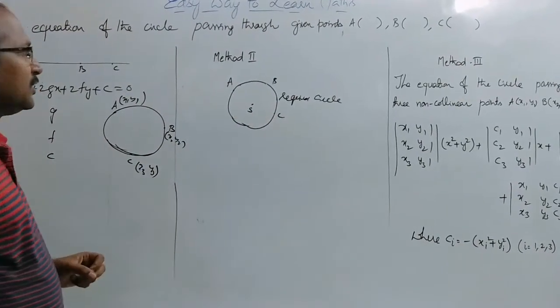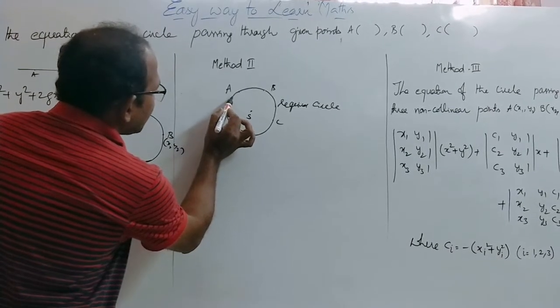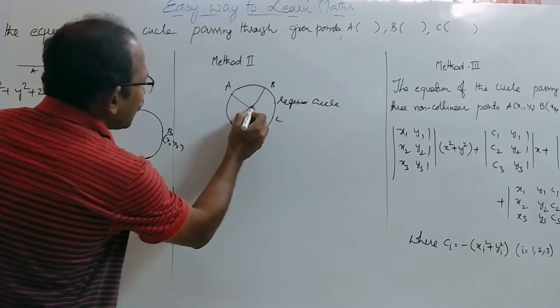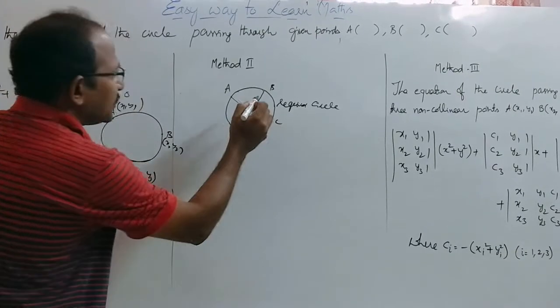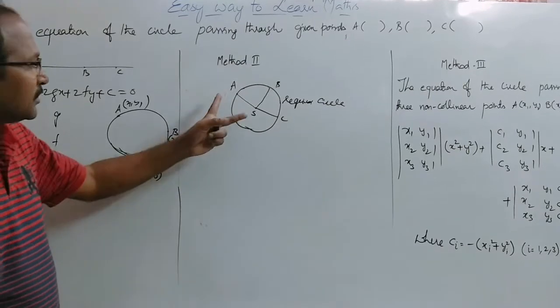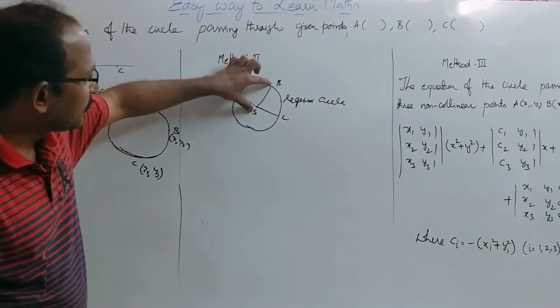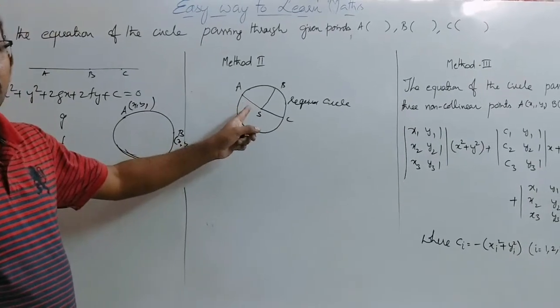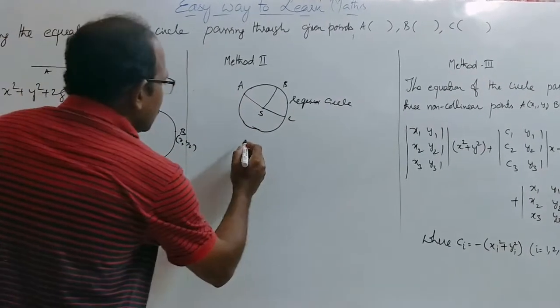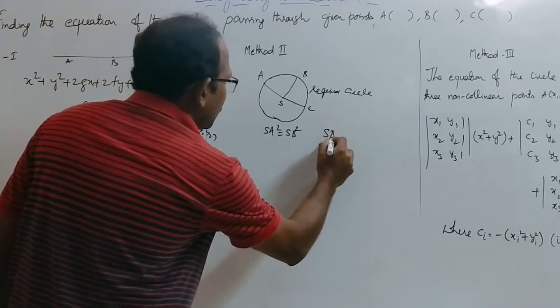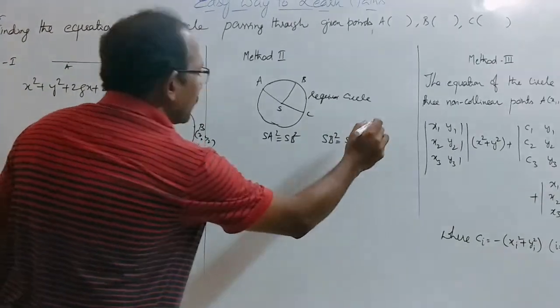Then we know the basic condition is that the distance between the center and any point on the circumference of the circle is a fixed distance, which is nothing but the radius. That means SA is equal to SB is equal to SC. These are nothing but distances, and hence SA square is equal to SB square and SB square is equal to SC square.